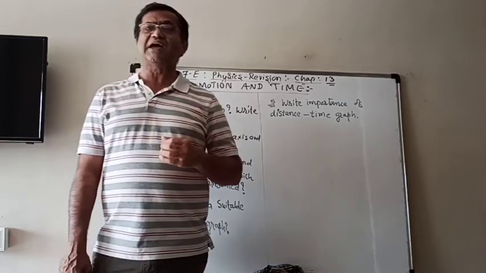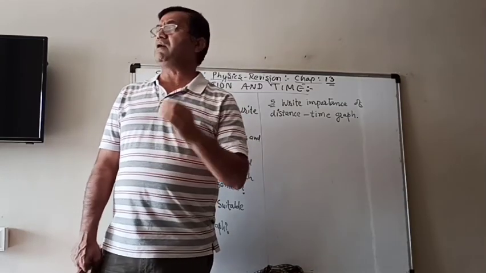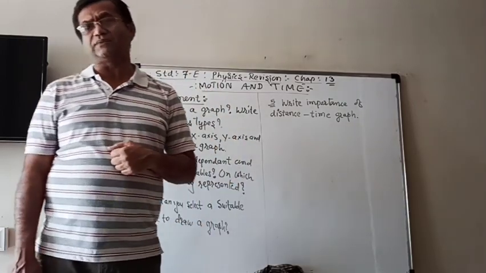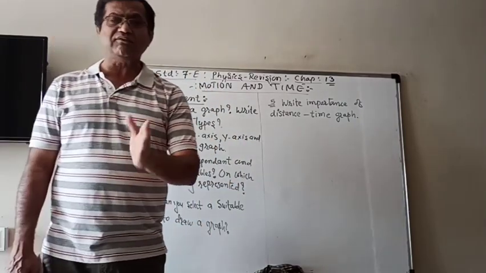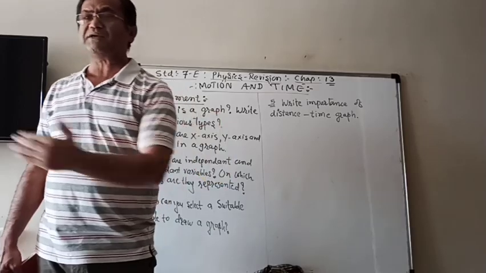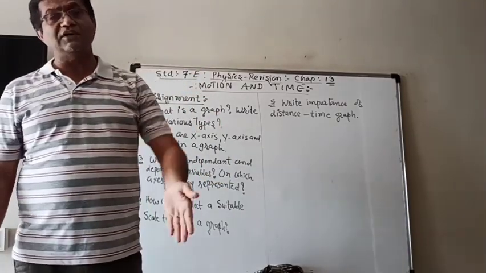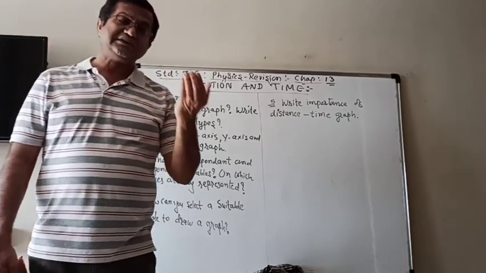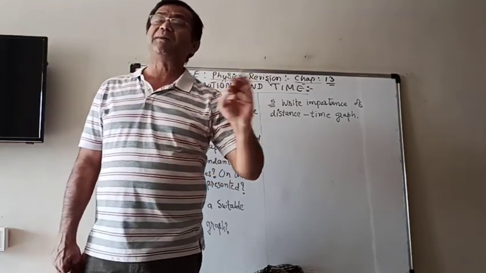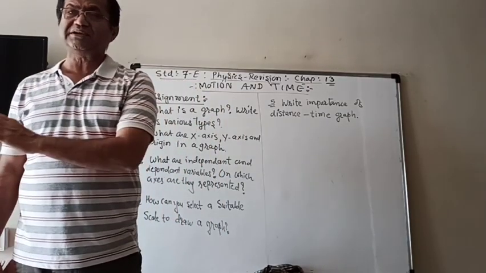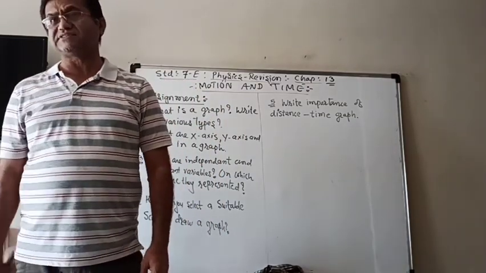For a distance against time graph, you should be given the distance covered at different time intervals. The time interval we represent on the x-axis, and the distance covered on the y-axis, because distance covered is a dependent variable which depends on time. First we put the time on the x-axis.